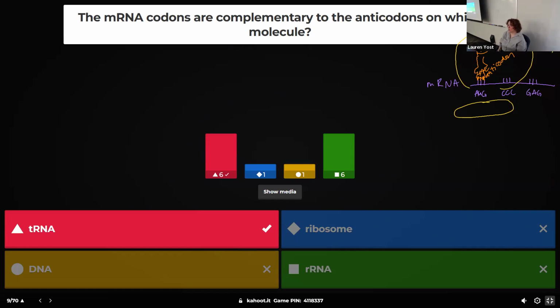It's just the structure within which all of this would happen. Again, its shape and what it's made of helps bring in tRNAs and things like that. Okay. So the tRNA anticodon matches up the mRNA codon. And I think the next question is going to talk about what happens next. So what process is that I'm drawing out? This is translation.